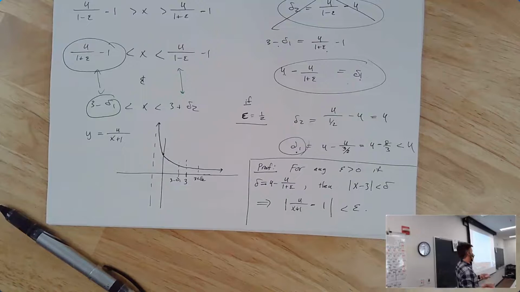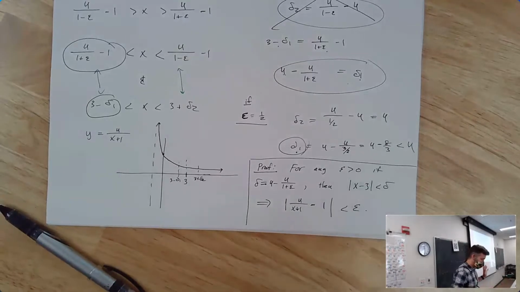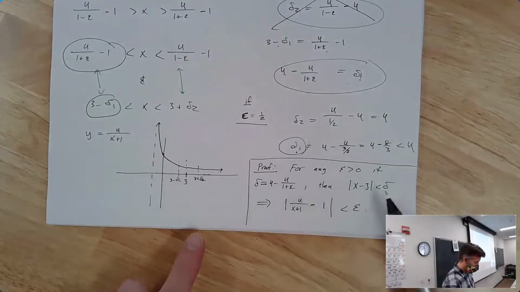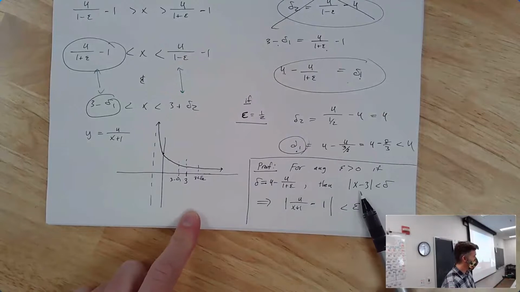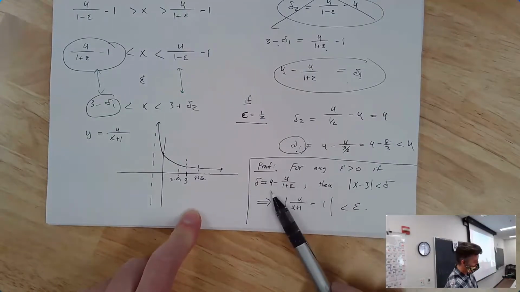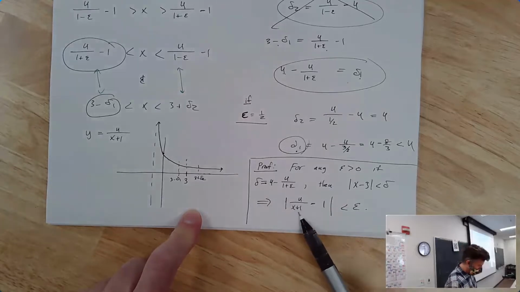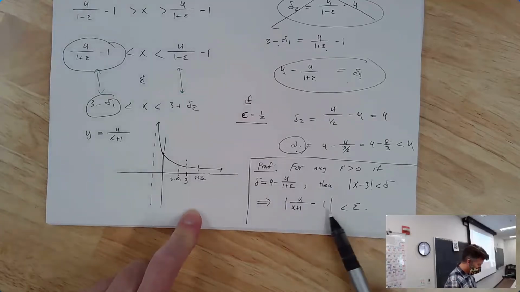And again, what we're really saying with a lot of words and a lot of symbols is just that if x is close to some number, the function is close to its limit. That's all this giant mess is really getting at, right? This is really just saying if x is close to 3, well, how close does it have to be? It has to be this close. Then f of x is close to its limit, this close.